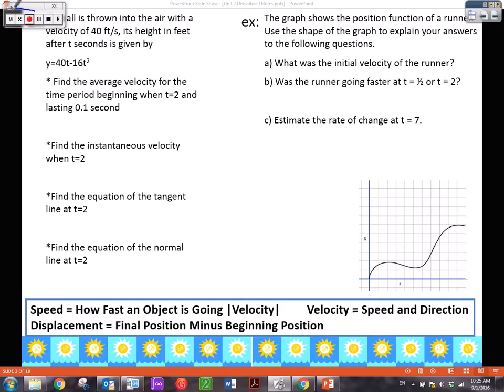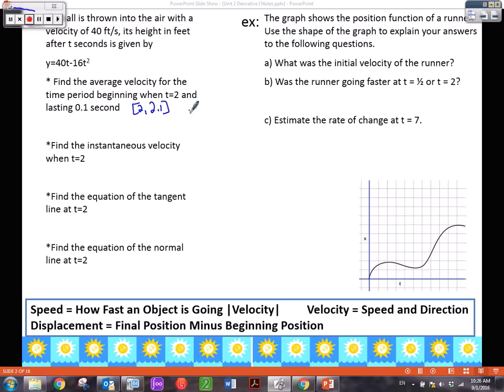They want us to find the average velocity for the time period beginning when t equals 2 and lasting 0.1 seconds. All right, so I'm looking at an x value, or in this case a t value of 2. We're going from 2 to 2.1. Those are our t values that we're interested in.